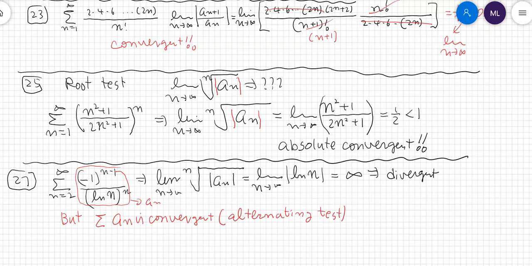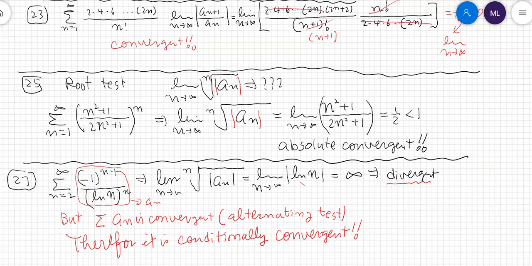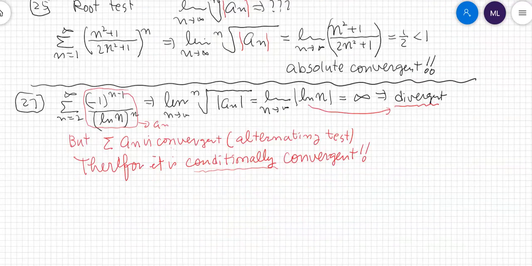Therefore, what kind of convergence is it? Conditionally convergent. Okay. This guy is divergent when you put the absolute value. But the series itself is convergent because it's alternating. Then we say the series is conditionally convergent.